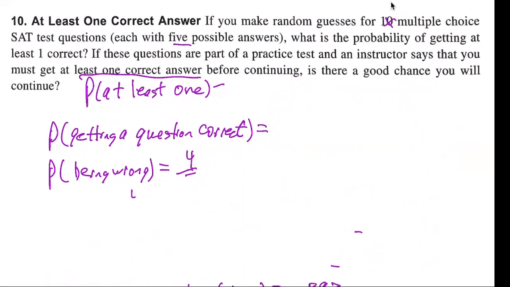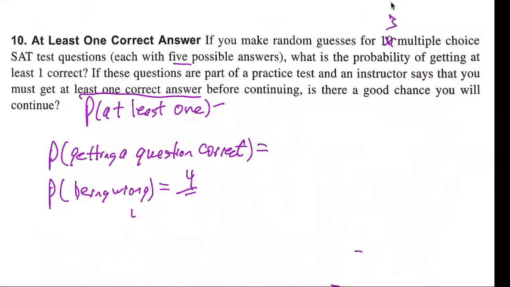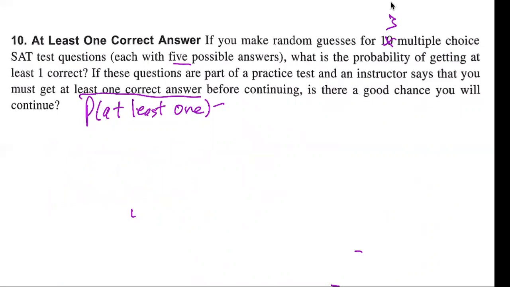Let's change it to 3. So we want the probability of getting a question correct, at least one.